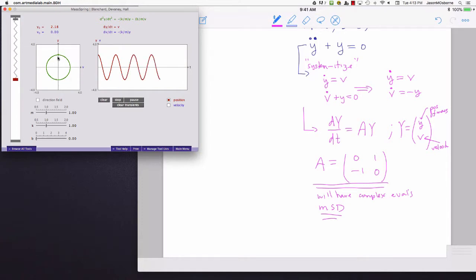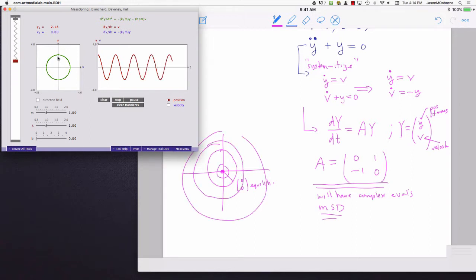Okay. So what we're going to see is systems of differential equations with complex eigenvalues. You have the equilibrium 0, 0 here. And then your solutions are the circles, depending on where you pick your initial condition. If you pick another initial condition over here, circle, circle, all these are related to the mass spring problem with no damping.